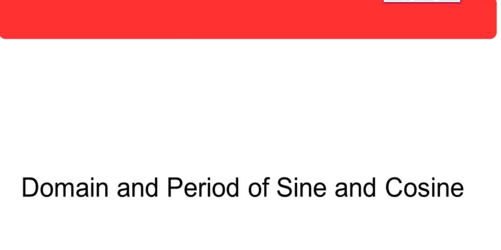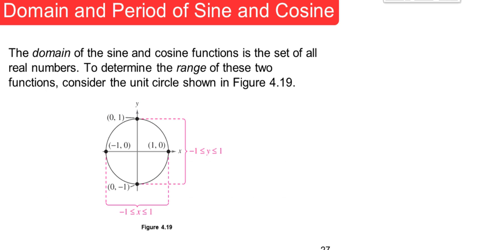Okay, anyway, going ahead. So the domain is the set of all real numbers for sine and cosine. You want to be aware of that. And to determine the range, think about these x and y values.